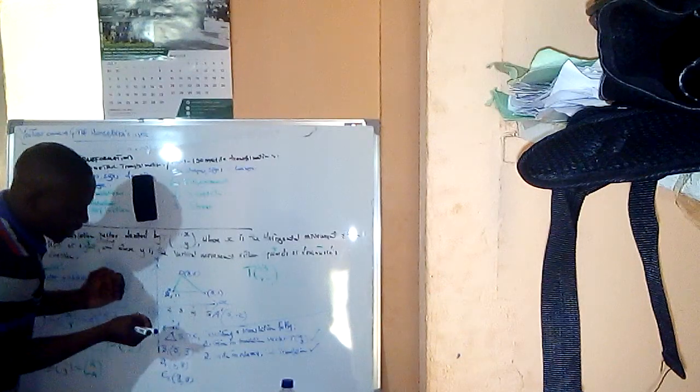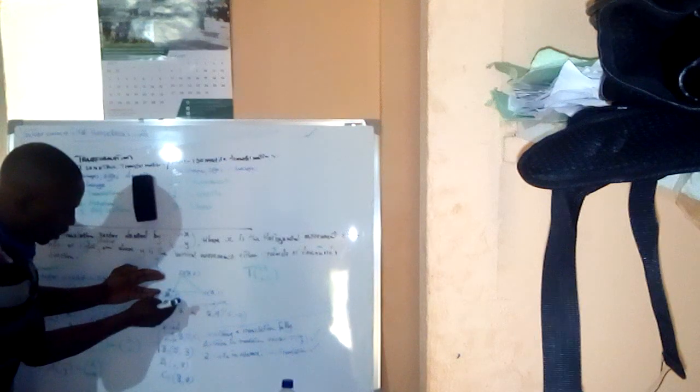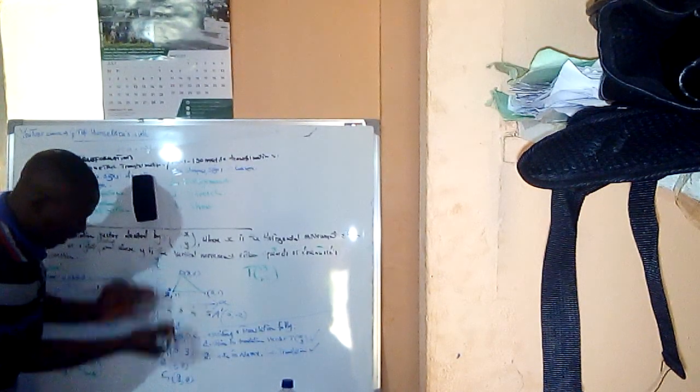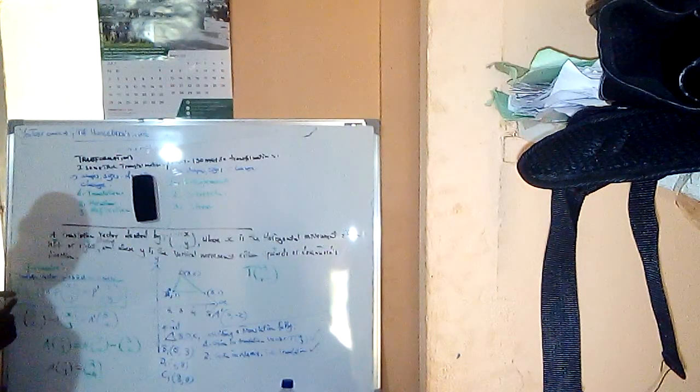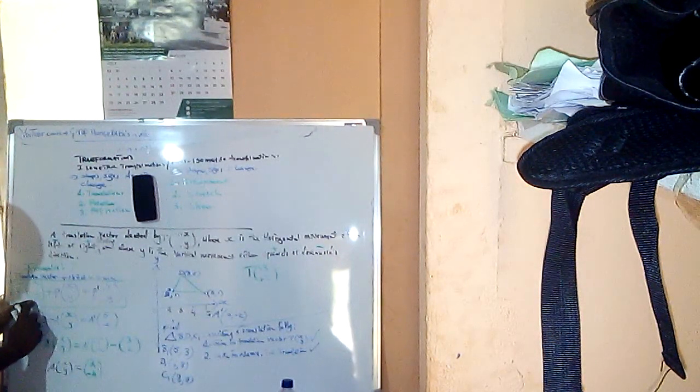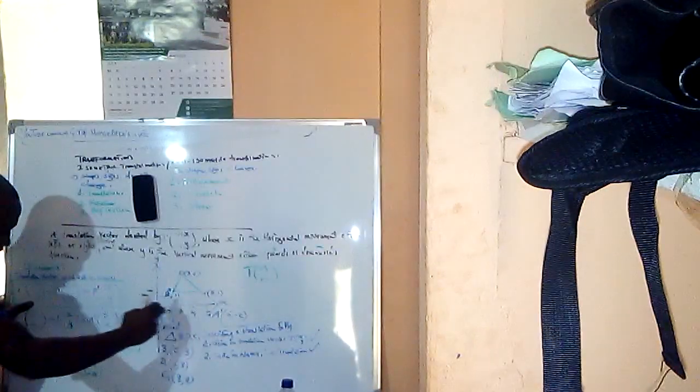You pick the object and the image. Say the object and the image are given. For you to get the translation vector, you make the translation vector the subject of the formula. Remember, you simply shift the object to the other side, and it will be negated.